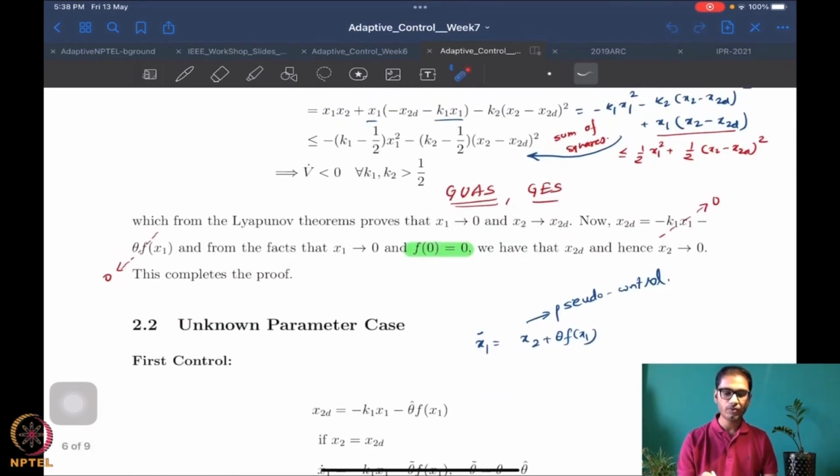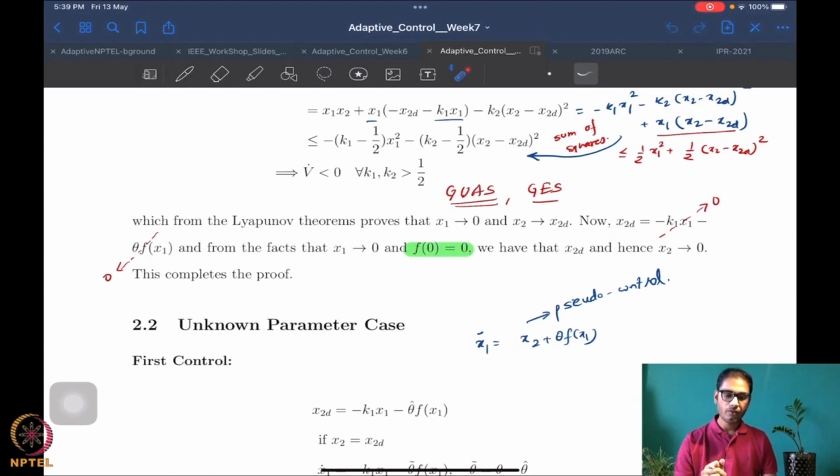So with this you can prove that the modified states, that is the states at the backstepping, x1 goes to 0 and x2 goes to x2 desired, and with the expression of x2 desired and the assumption that f0 is 0, which we already said was a reasonable assumption, you get that x2 also goes to 0, because x2 desired also goes to 0, right?